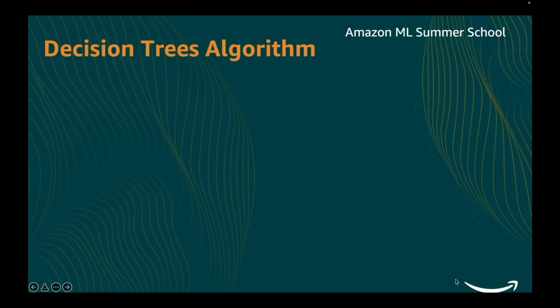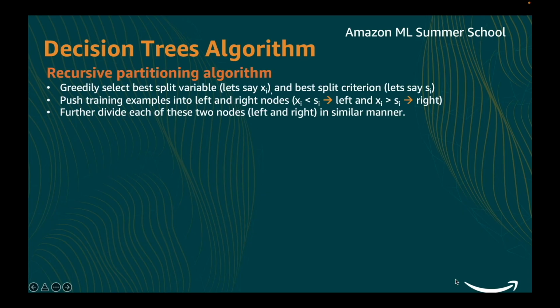So now that we have an idea of what a decision tree does and how it divides the space into multiple regions, let's talk about how you actually go about building such a decision tree from the raw data points. The algorithm you follow is a recursive partitioning algorithm. Essentially, at every node you do the same procedure.